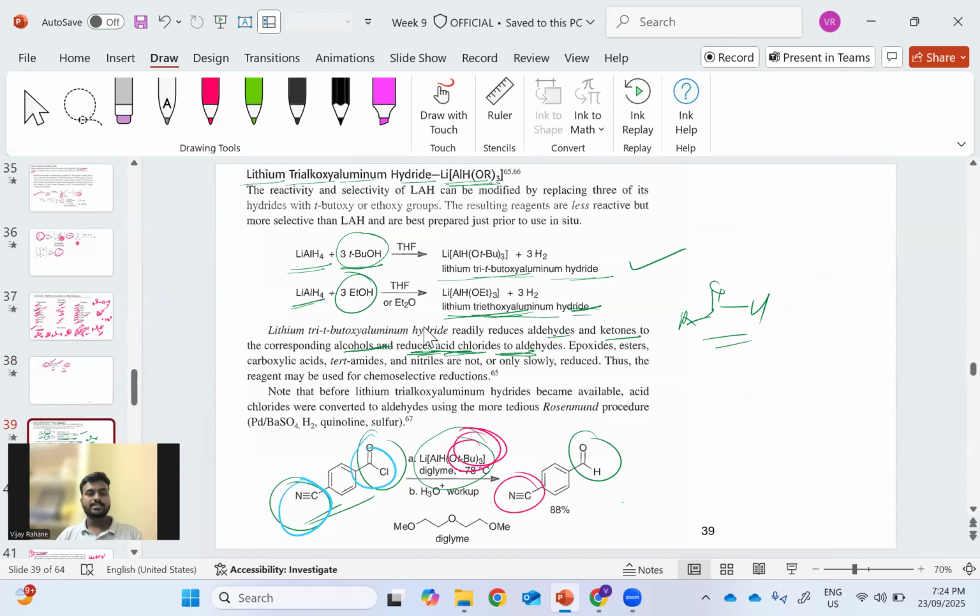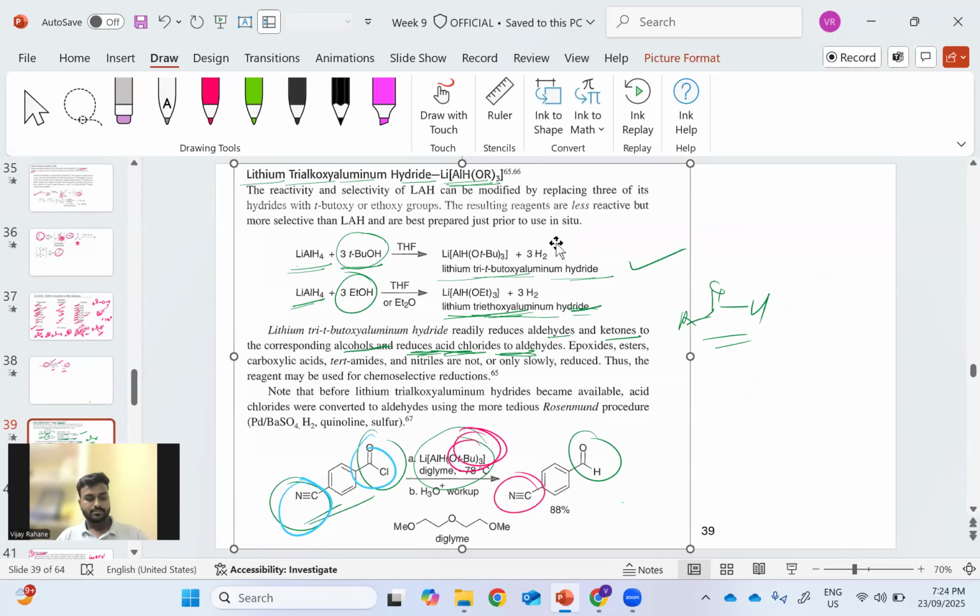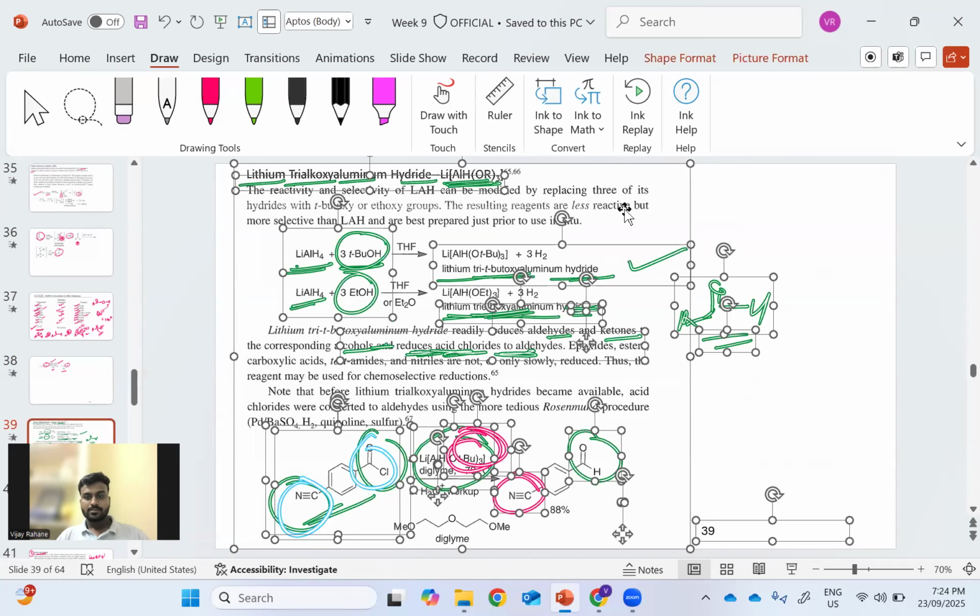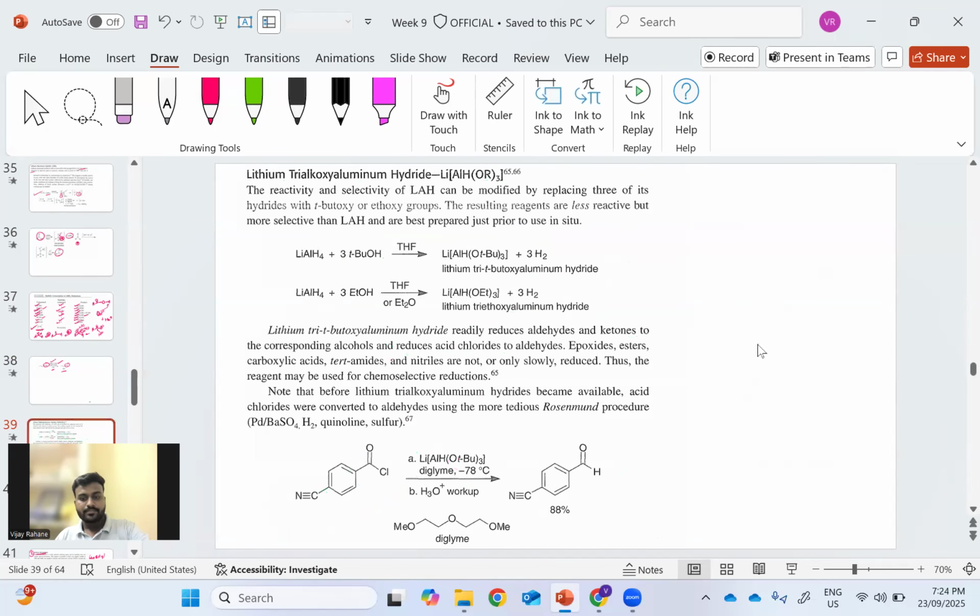Then we have another reagent, that's the lithium trialkoxy aluminum hydride. This is again a kind of reducing agent. Only thing, this reagent is slightly less reactive compared to the earlier LiAlH4 reagent.